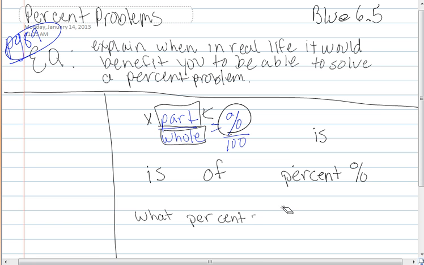Actually, let's change that. Let's make it more like the book. It says, what percent of 60 is 40? What percent of 60 is 40?